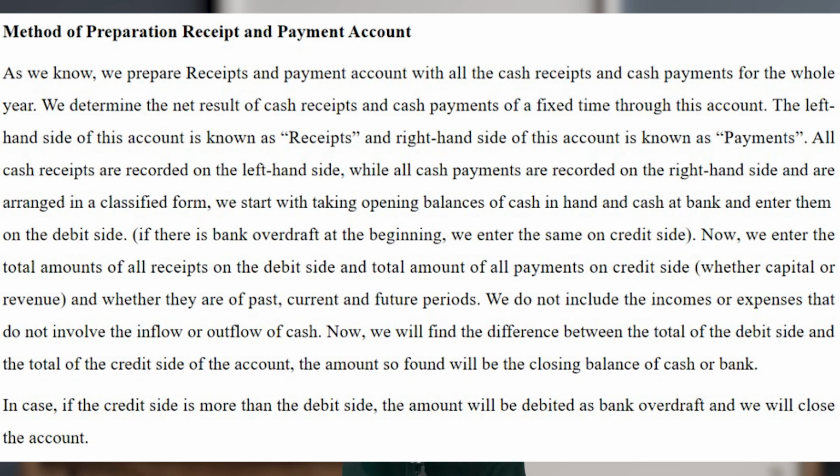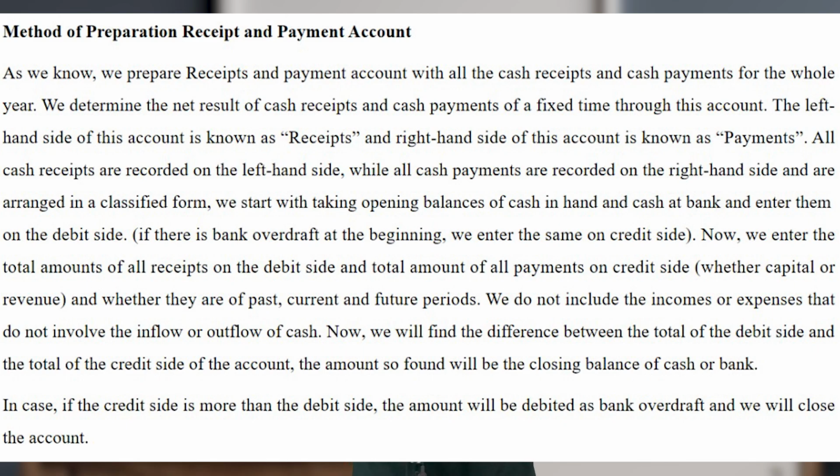We start with taking the opening balances of cash in hand and cash at bank, and then we enter them on the debit side. If there is any bank overdraft at the beginning, of course we enter the same on the credit side. Now we enter the total amount of all the receipts on the debit side and the total amount of all the payments on the credit side, whether capital or revenue, and whether they are of past, current, or future period.